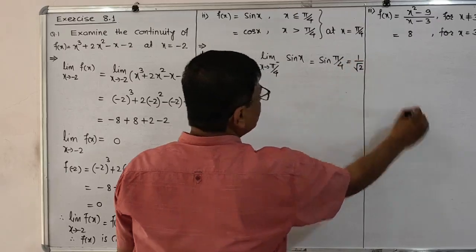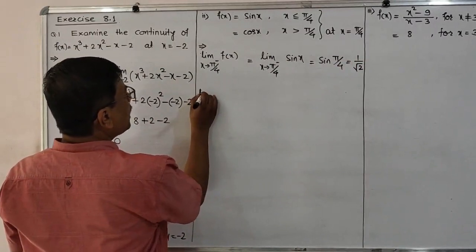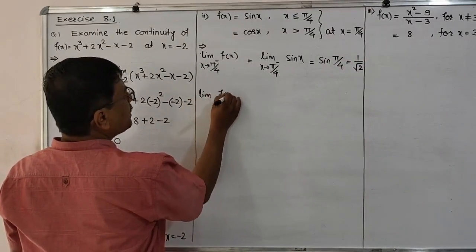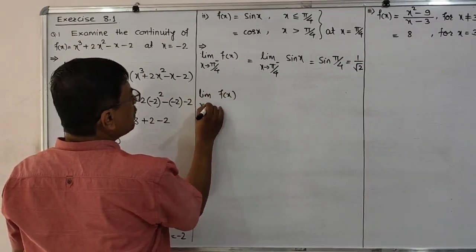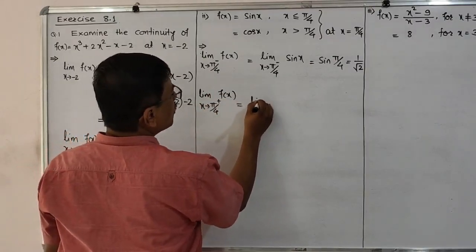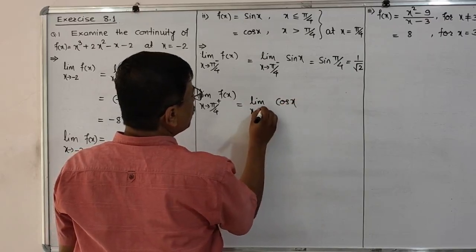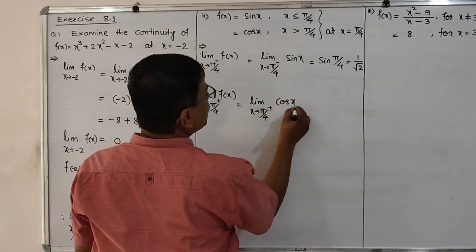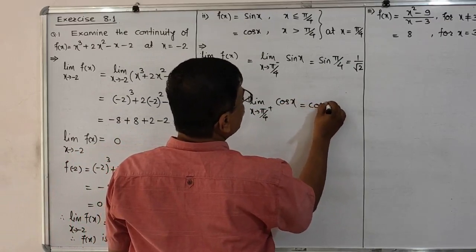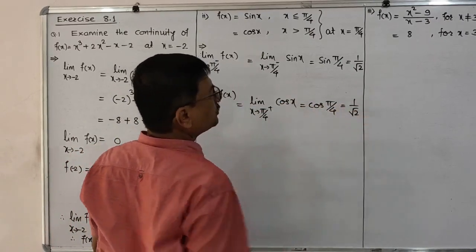We know that the value of sin pi by 4 is 1 by root 2. Similarly, we can find the limit of f of x as x tends to pi by 4 plus, that is limit of cos x as x tends to pi by 4 plus. Substitute this value, it is cos pi by 4 and cos pi by 4 is 1 by root 2.